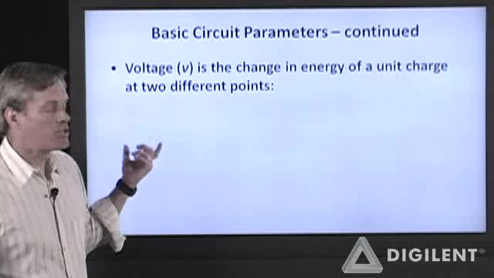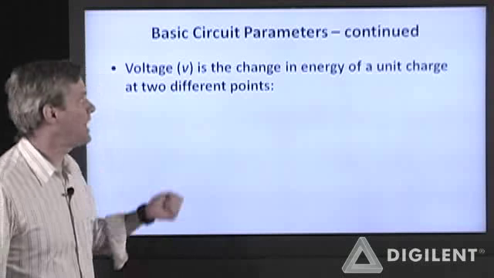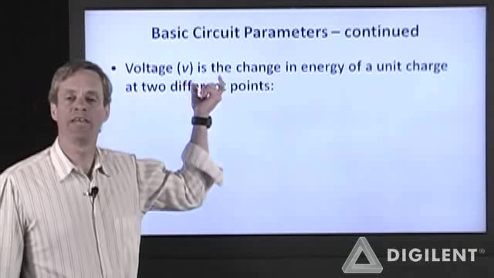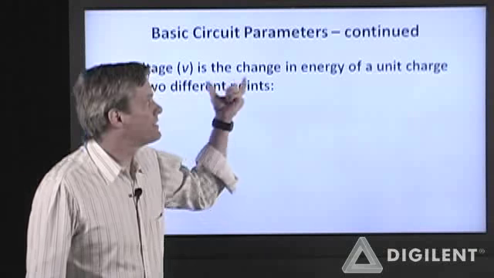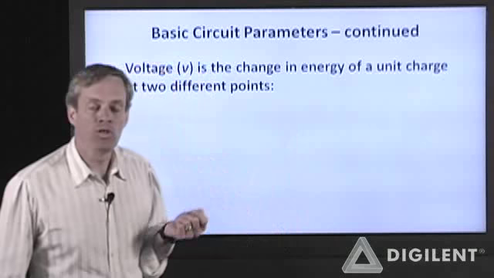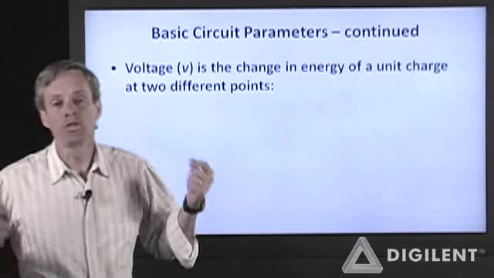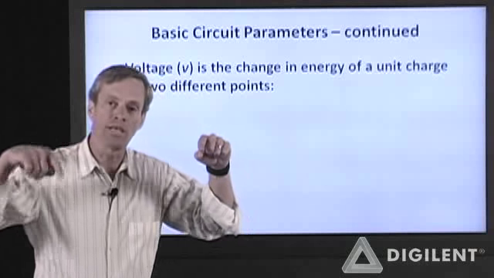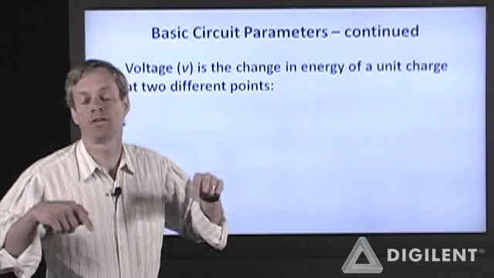Our next circuit parameter that's going to be of great direct importance to us in this class is voltage, usually abbreviated as lowercase v. Voltage quantifies the change in energy of a unit charge at two different physical locations. So we're looking at the same charge in two different points in our circuit.